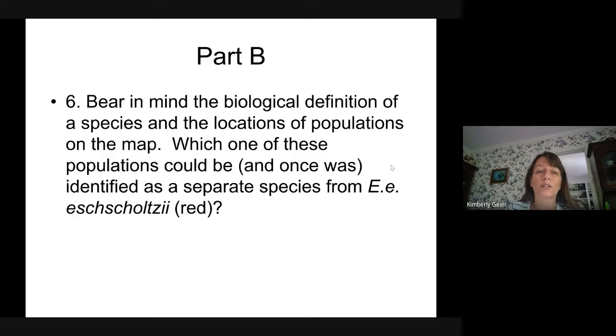Now, remember our definition of a species, that organisms will naturally interbreed and produce fertile offspring. Think about the locations of populations on the map. Which one of these populations could be, and even once was, identified as a separate species from the E. eschscholtzii, which is shown in red?